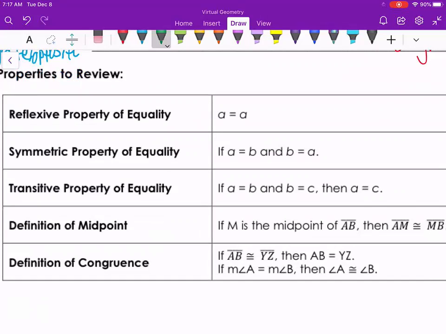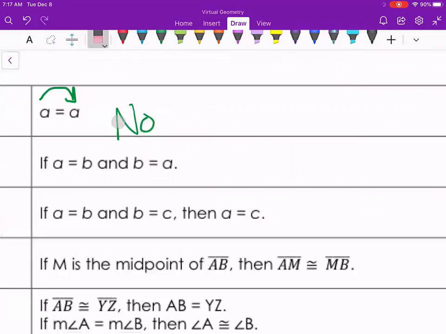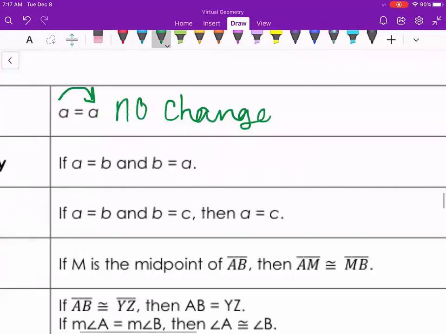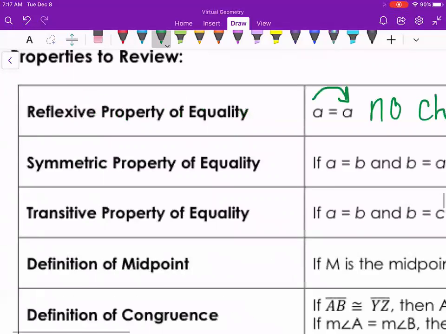The reflexive property says from one side to the other, there is no change. There's no change happening from one side to the other. Next, we had the symmetric property.